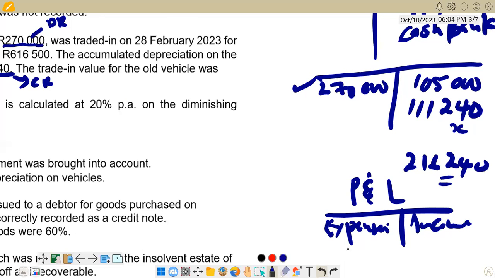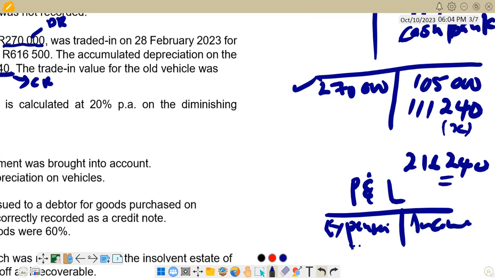So when we debit the profit and loss, it means it's a loss, because the credit side has got a smaller figure. We are going to summarize our working in the answer section by saying 270,000 minus 105,000 minus 111,240 to get the balance, which is our X here.